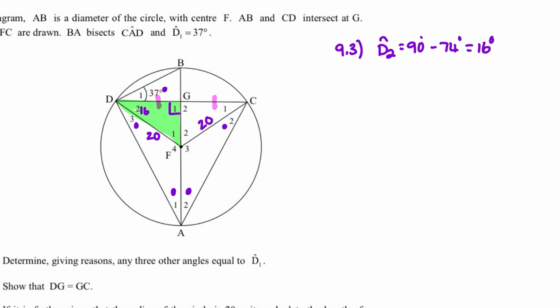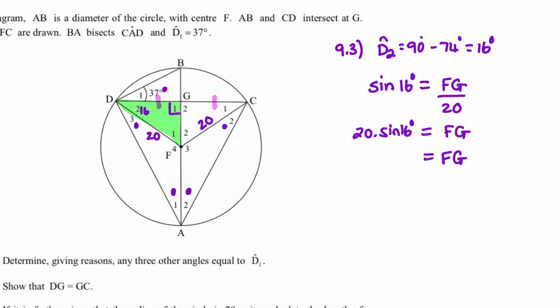So I would say sine of 16 degrees is equal to FG over 20, which is the radius. Therefore, FG is equal to 20 times the sine of 16 degrees. And if you use your calculator, you get 5.51 units.